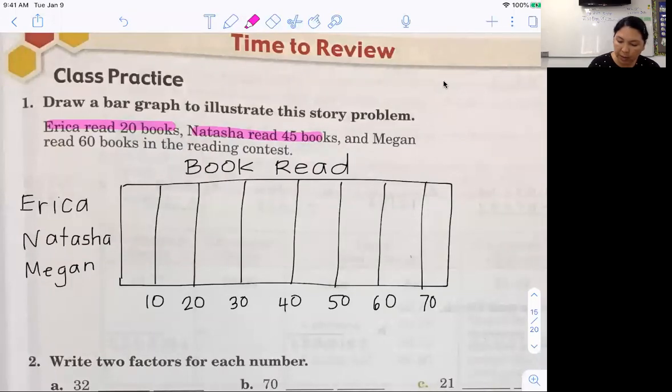What Natasha read and what Megan read. Now, be careful because if you look, one of the books says 45 books and there's no 45 on our graph. So you're going to have to decide how far your bar is going to go out. Okay? So pause the video and do your graph now.